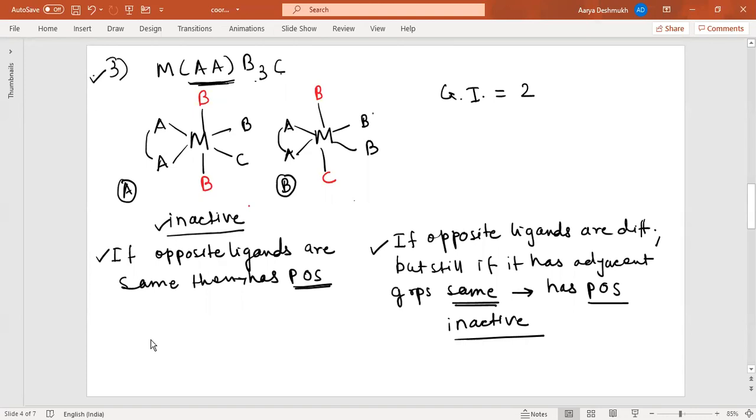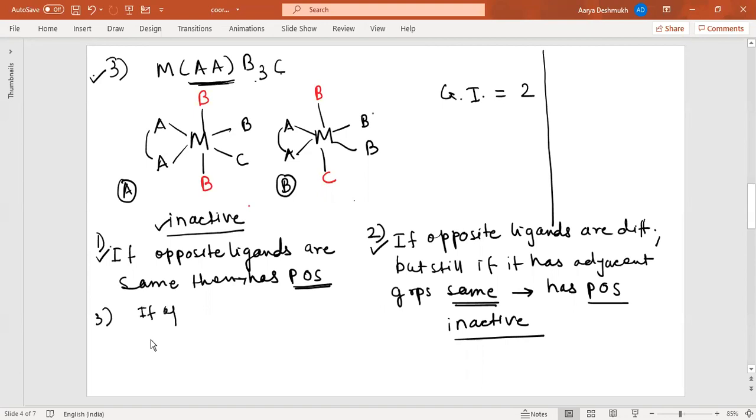Okay, so I'll write somewhere here so that everything is on the same screen. This is one trick, second trick, and the third one.